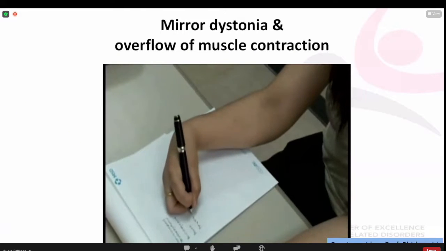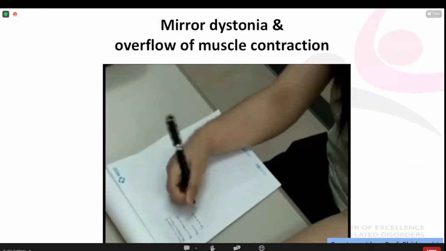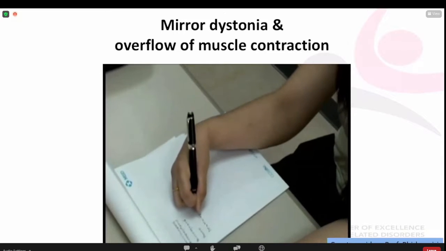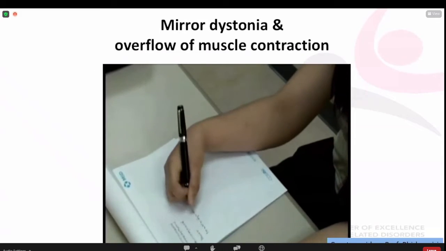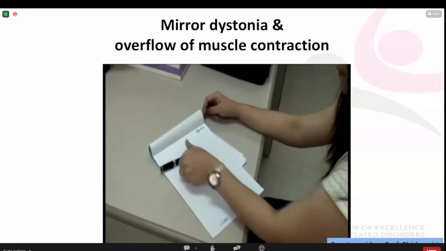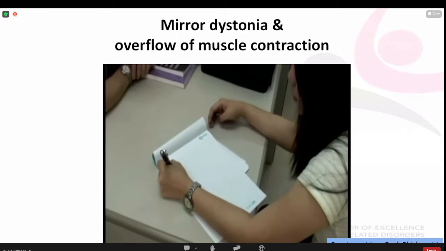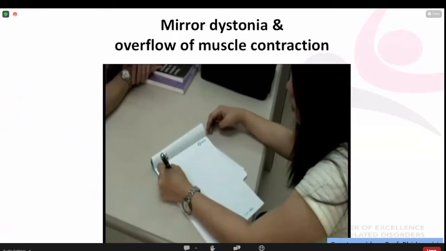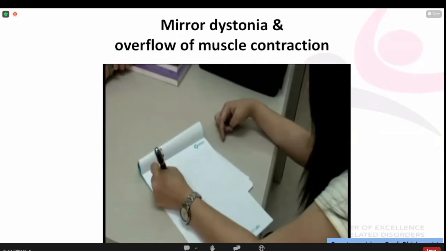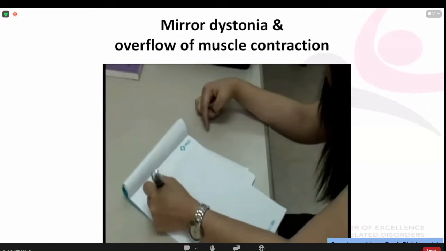You see that her arm is spread, and then the abnormal posture overflows to the elbow and sometimes to the shoulder, which is called overflow of muscle contraction. And when you ask her to write with the left hand, you notice that the right hand elicits the dystonic posture, which is mirror dystonia.